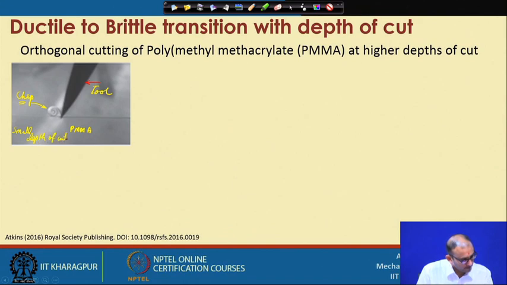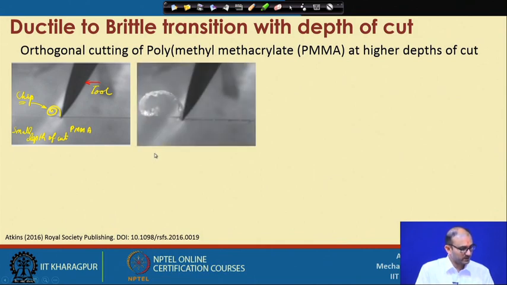Small depth of cut. Now, you can see that the whole chip is coming out as a curly part. So, it is a good sign of cutting. We are getting a clear chip out of this, and this is considered as the shear mechanism or the shear mode of cutting.